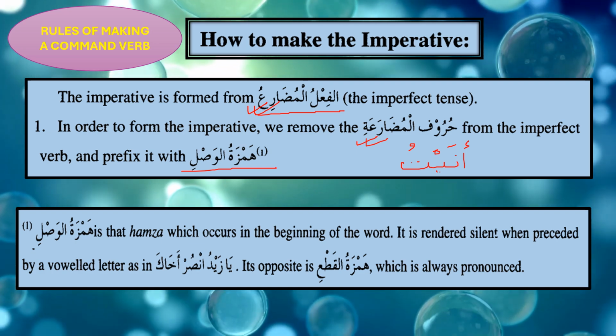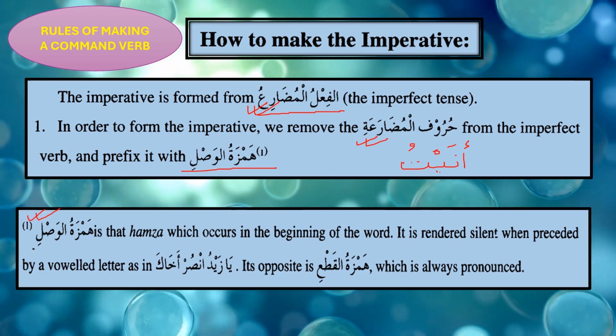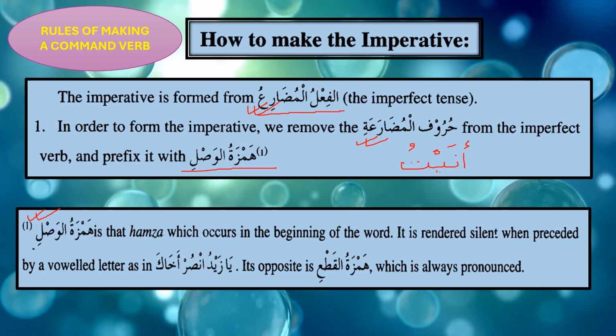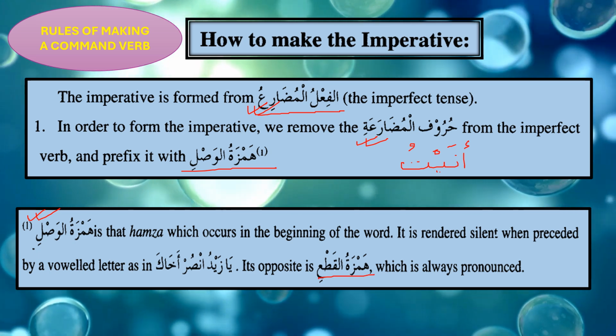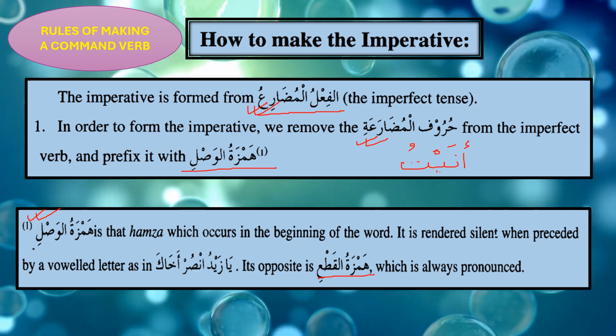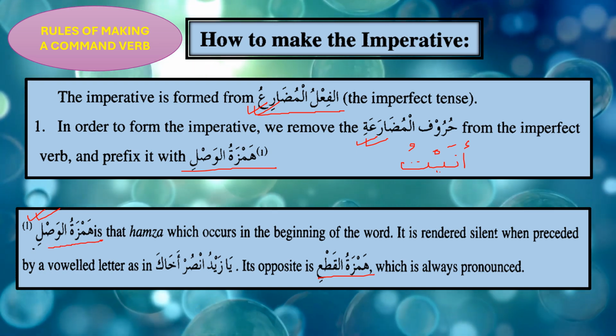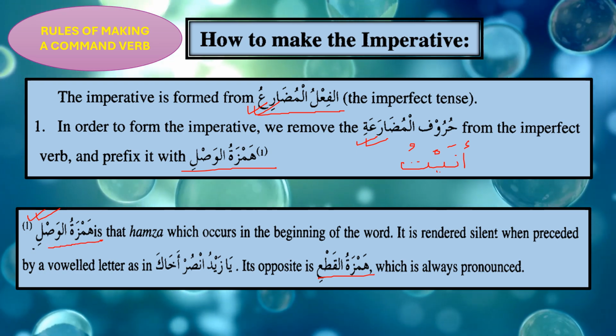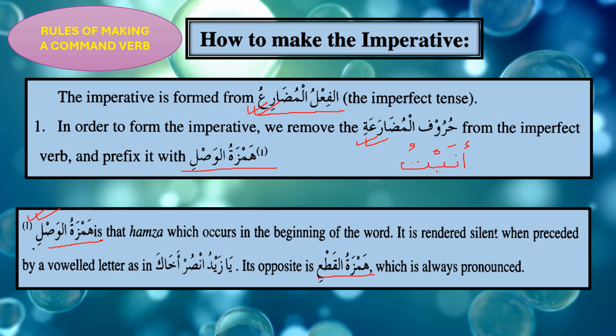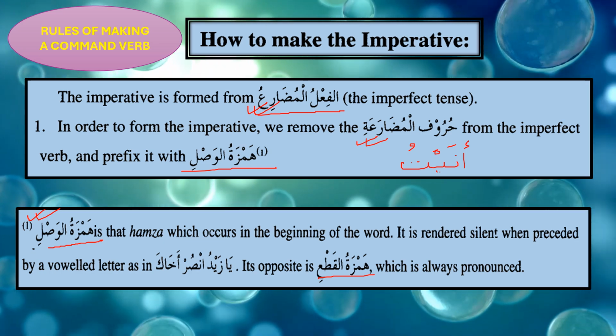There is a small important point here about the Hamzatul Wasl and the Hamzatul Qata, and I'm not going into detail. It's just that where you see the Hamzatul Wasl, you have to continue reading, and the Hamzatul Wasl is cancelled, while in the Hamzatul Qata you need to stop and read the Hamza.